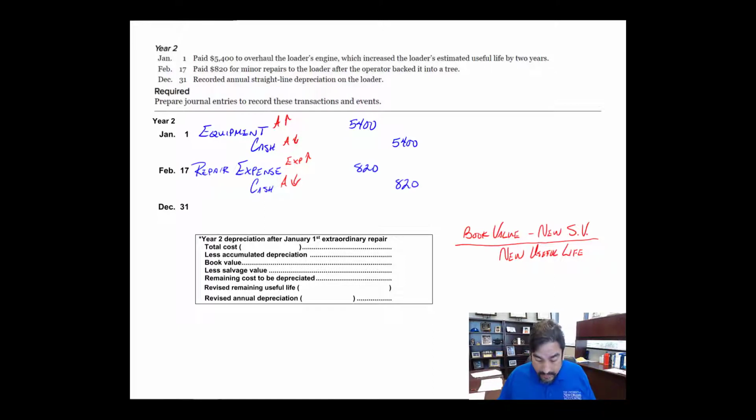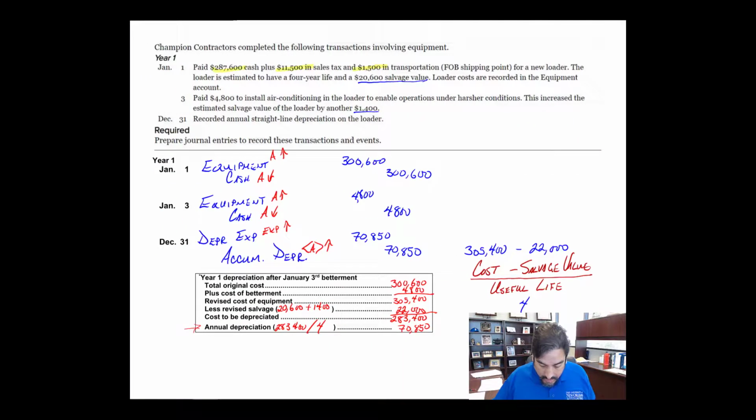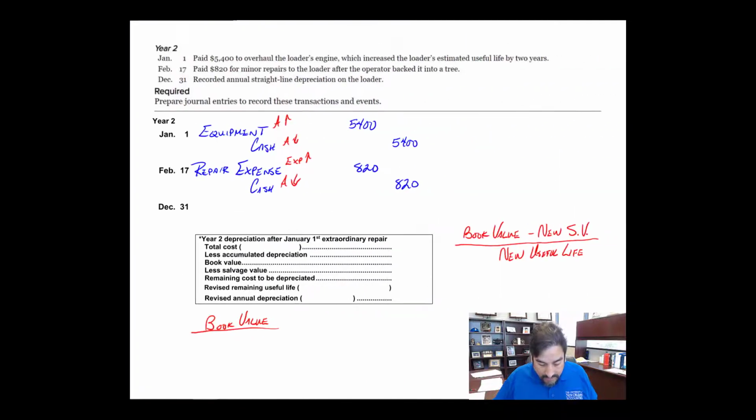Book value is the cost minus any accumulated depreciation. So our cost is, from the previous slide, $305,400.